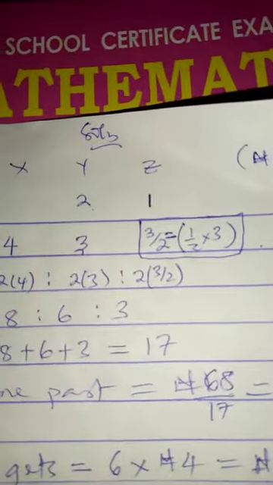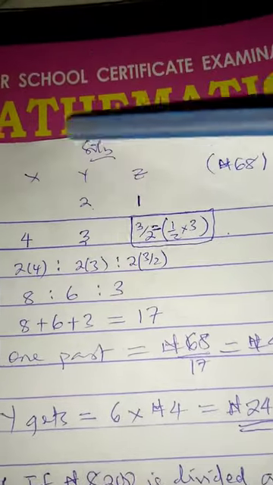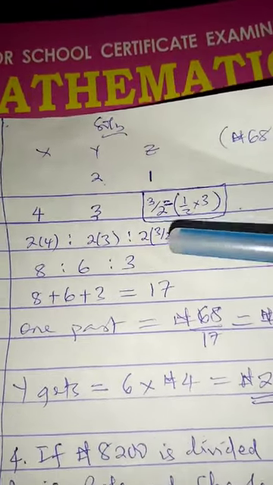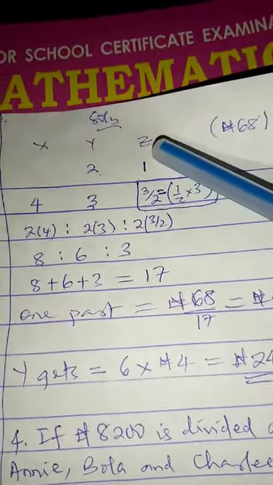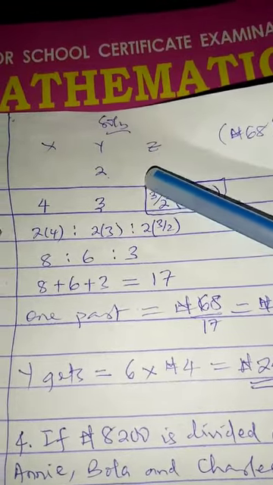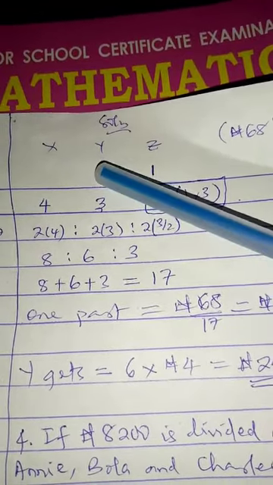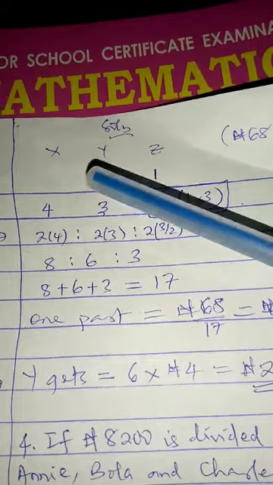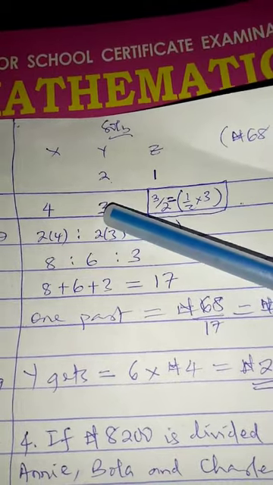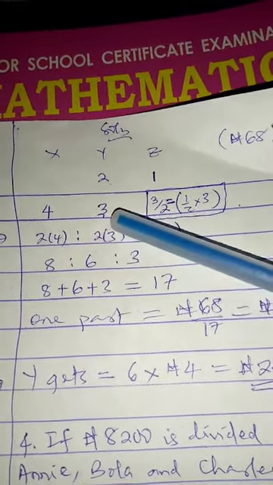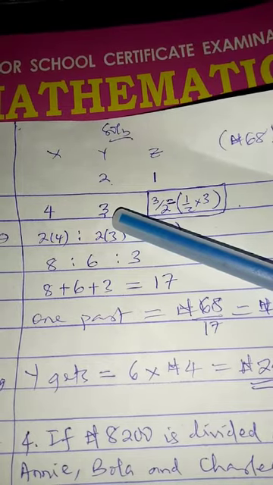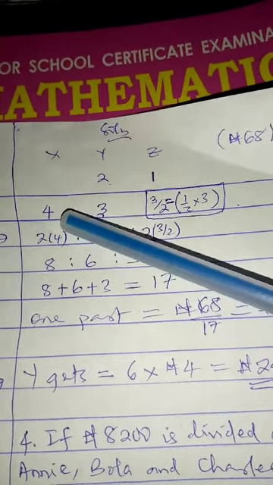You make your arrangement this way. X, Y, Z. For every 1 naira that Z gets, don't put the naira, just put the 1. Y gets 2 naira. Then come to the second line. For every 3 naira that Y gets, X gets 4 naira.